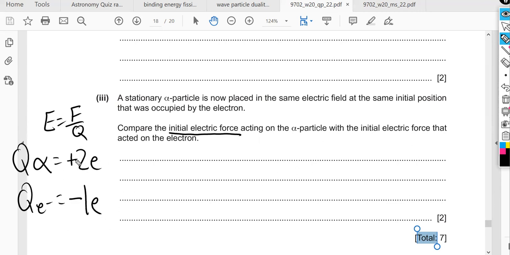Because the alpha particle has twice the charge, it's going to experience twice the force and in the opposite direction of the electron, right? Because it's positively charged, it's going to be pushed in the direction of the electric field, which you remember was to the left, where for the electron we drew the force pushing it to the right. So those 2 key differences you'd use to compare. The force acts in the opposite direction and with twice the strength, or twice the magnitude.